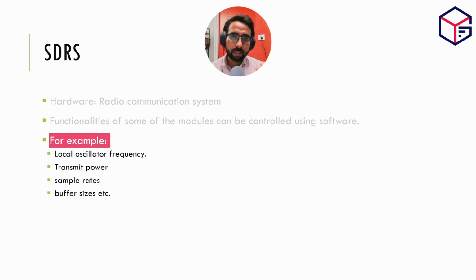Now, the parameters related to all these modules, the carrier frequency for the mixer, the amplification for the power amplifier, the sample rate for digital to analog converter or analog to digital converter, and the size of the buffers for transmission and reception of data, these parameters can be controlled using some software-defined APIs. So that's what differentiates a software-defined radio from traditional hardwired radios.